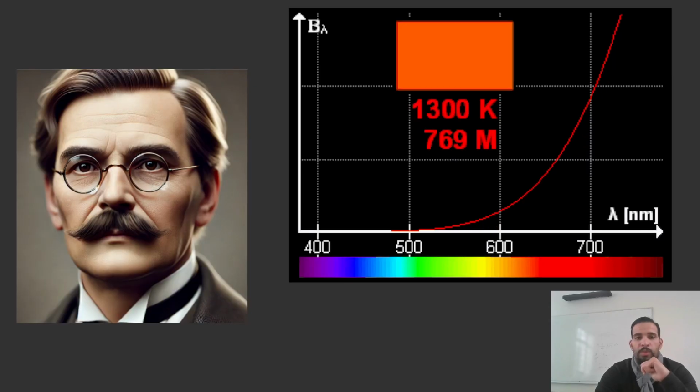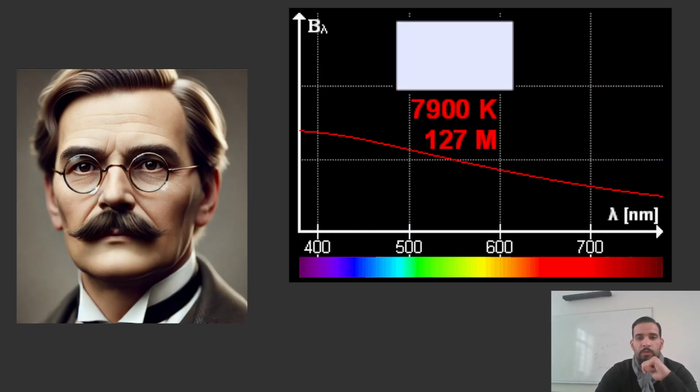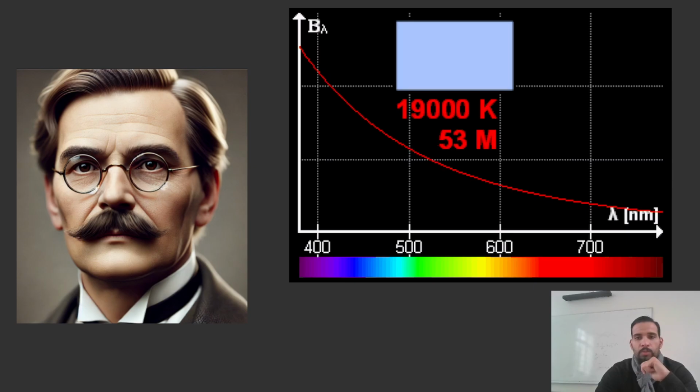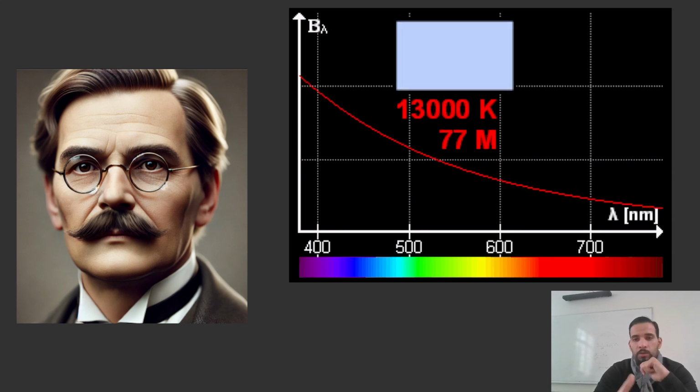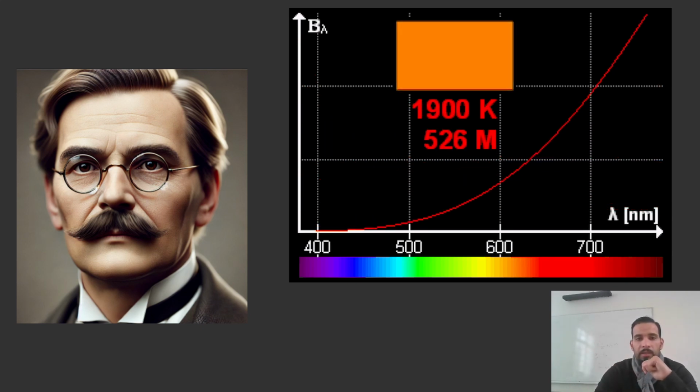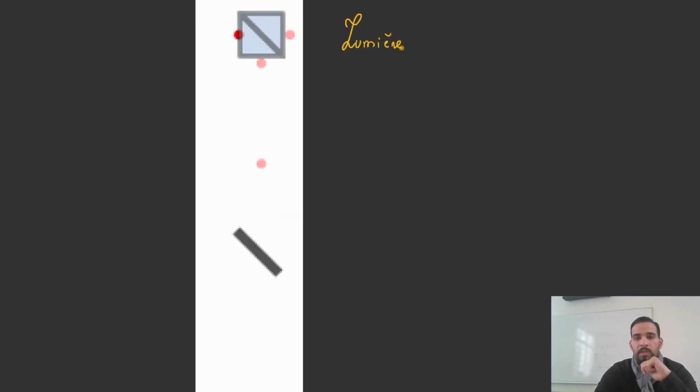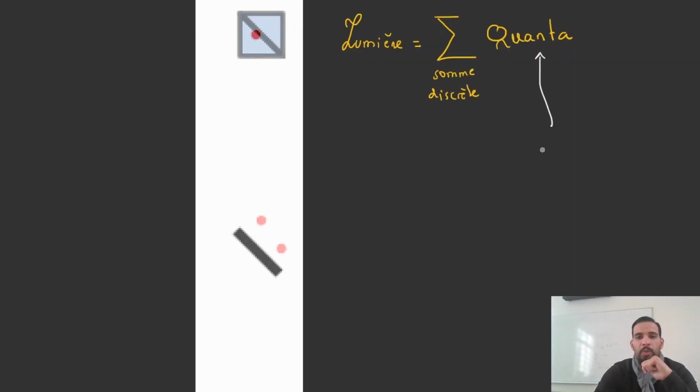In 1900, Max Planck discovered a revolutionary solution to the problem of the ultraviolet catastrophe, a theoretical paradox that appeared when attempting to describe thermal radiation with classical physics. Planck proposed that the energy of electromagnetic waves be quantized, meaning it can only be emitted or absorbed in discrete packets called quanta.